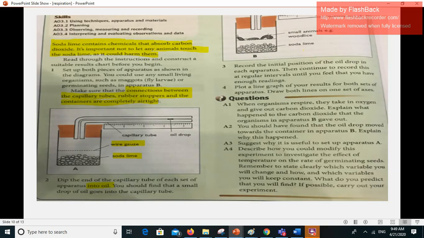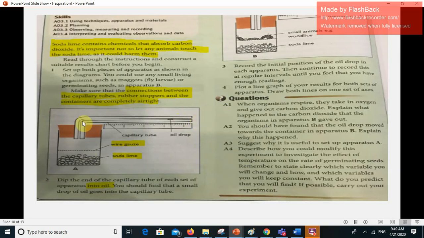Now, as wood lice respire, they're gonna take in oxygen. So there is no way to take oxygen only from this capillary tube. This capillary tube, as you see, it is open to the atmosphere. So to the outside environment or to the atmosphere where the source of oxygen is available.